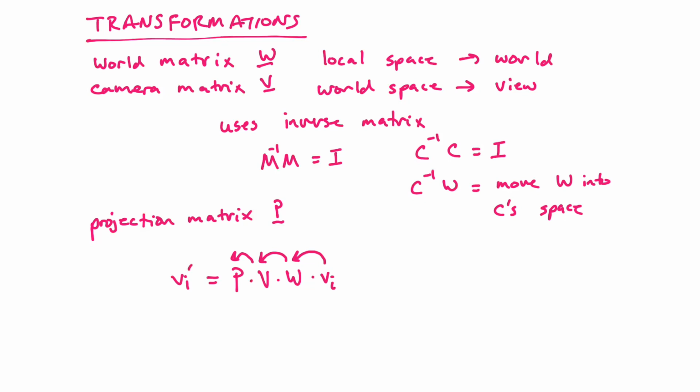And in fact, it's sometimes common just to use one matrix, say M equals P times V times W, and this calculation is called concatenation. It's the same idea.